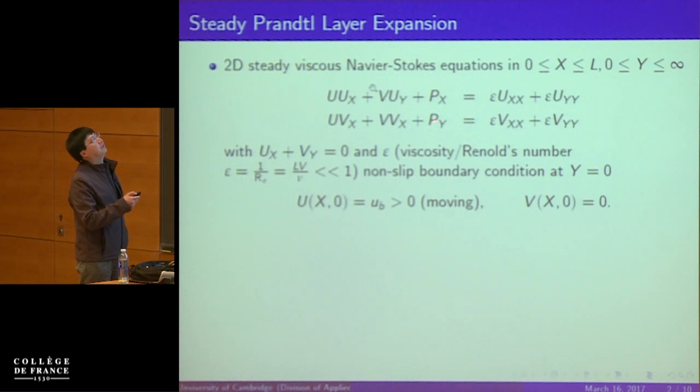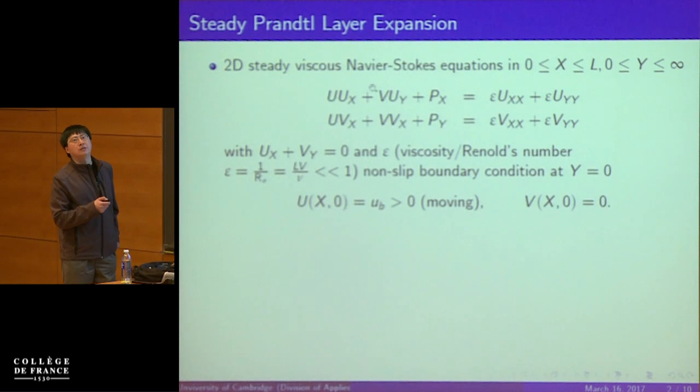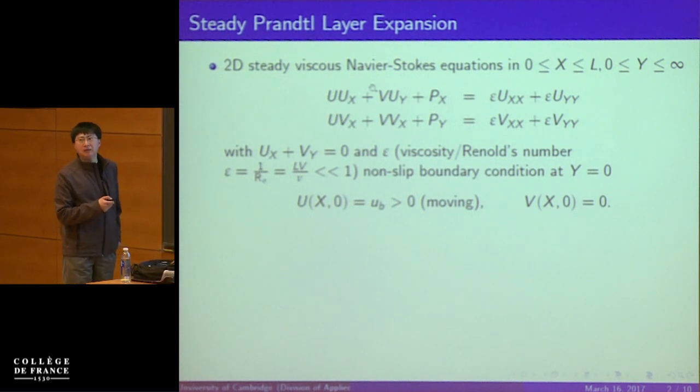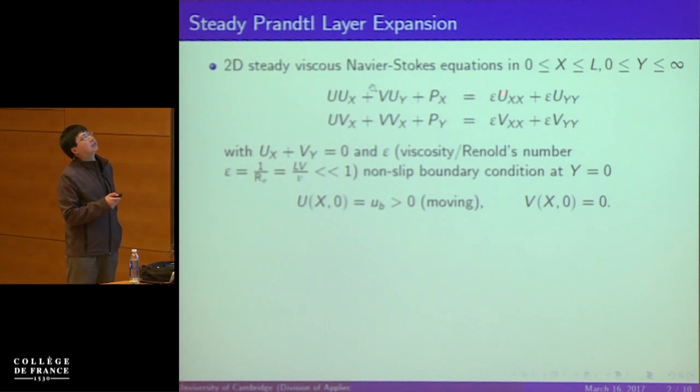So this is the left-hand side of the equation. The right-hand side of the equation has to do with so-called dissipation. So we have second-order derivatives of the velocities. Here, there's a very important physical constant, which plays an important role in our talk. This is the coefficient in front of these second-order derivatives. I will call it a small parameter epsilon.